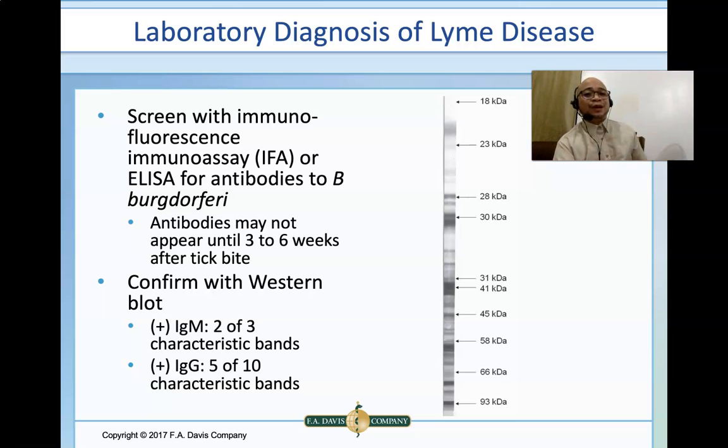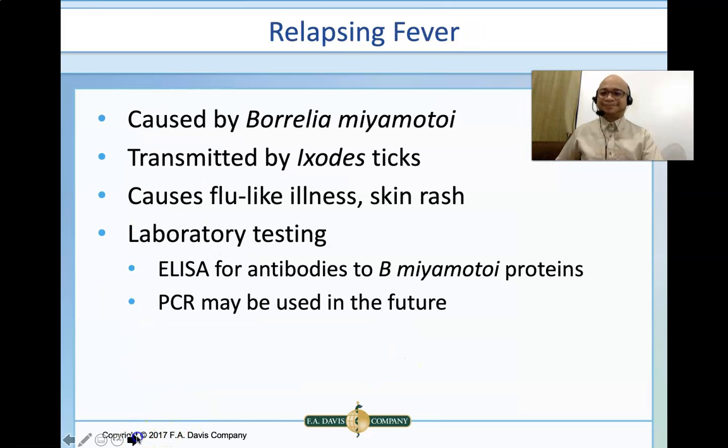To confirm, we have to utilize the Western blot assay. In the Western blot assay, positive for IgM means that there are 2 out of the 3 characteristic bands. But for IgG, there should be 5 out of the 10 characteristic bands.